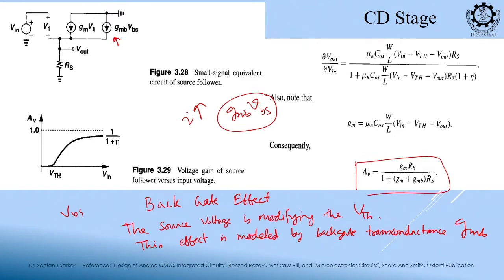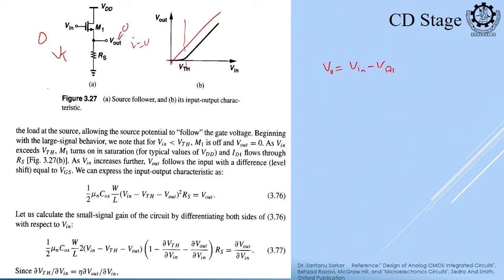If you consider this back gate, what is happening? Your gain is a little bit more decreased, okay. And you can consider either with back gate or without back gate, just like we consider the lambda effect and R0, or do not consider them, same way.